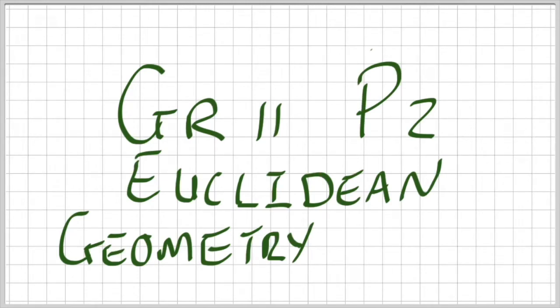We are now going to our last section of work, which is specifically about Euclidean geometry. It's a very difficult part of the exam, but it is actually very doable.